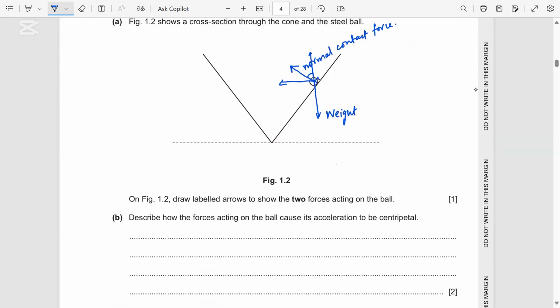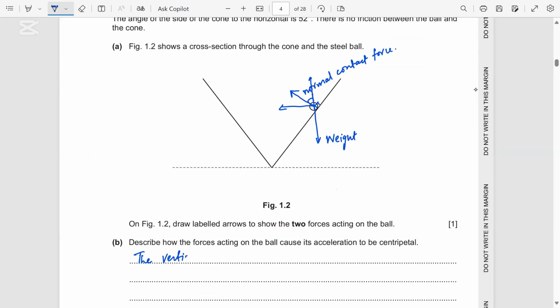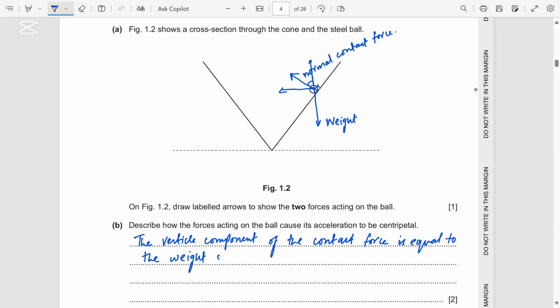So I'm going to write here that the vertical component of the contact force is equal to the weight. So there is no resultant force vertically, right?